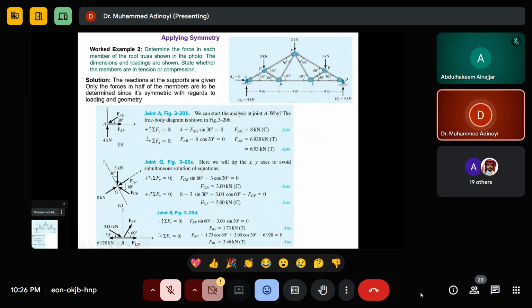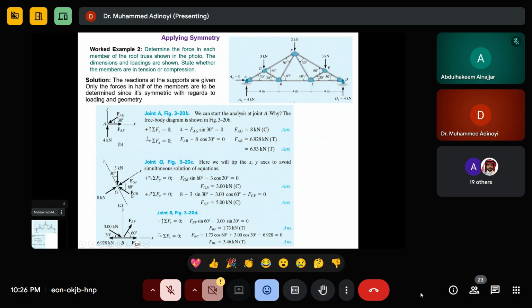That is why, in the equation, 8 kilonewton is here. Look at it. This is now our x, right? Yes. So let's solve in x. It is going to be 8 kilonewton, which is this. This guy is going to be 3 sine, which is this guy. FGF is what we are going to look for, so it is minus because it is in the opposite x direction.